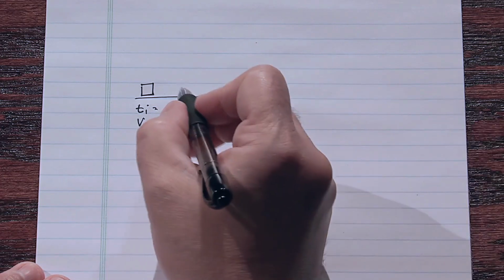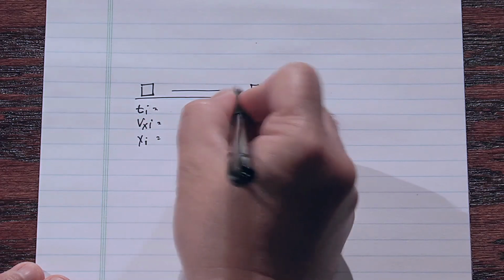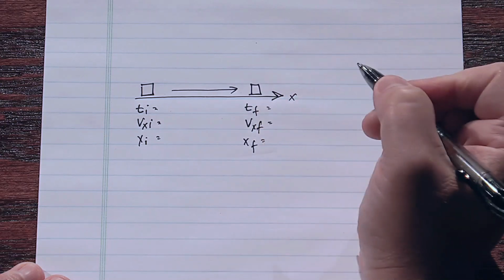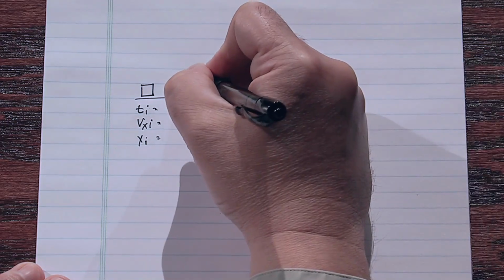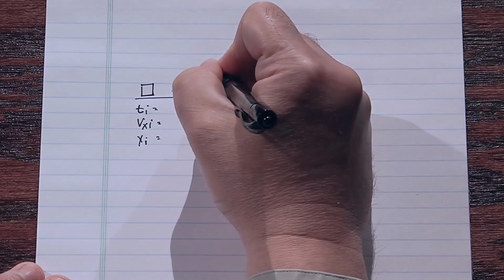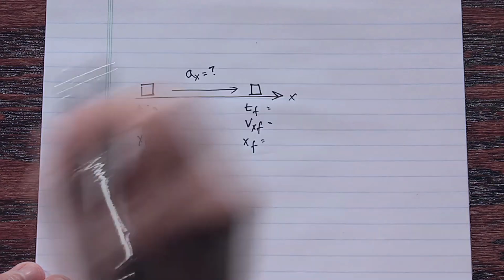All of that is the same. And we know that the train is moving in the x direction. The acceleration in the x direction, we don't know.